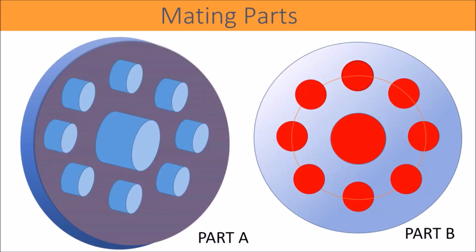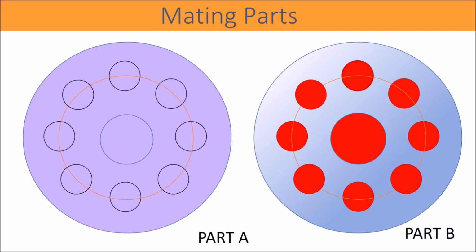To demonstrate the application of MMB, let us have two mating parts. Part A is the mating part of part B, whereas part B is the circular plate with 8 holes on a PCD, for which the part drawing was shown in the last slide.